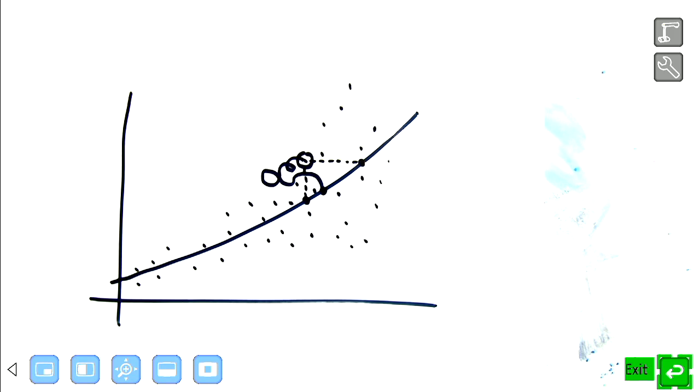Now, we can't just use the raw number because if points are above the line, they get a positive value, and if points are below the line, they get a negative value, okay? If the line goes through the middle, if I add up all those values, what should I get? 0, right? So I can't just use the raw signed distance.